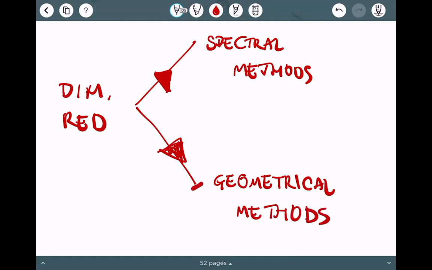I'd like to split the techniques that become useful to perform dimensionality reduction into two main families: spectral methods and geometrical methods. Spectral methods are all based on estimating eigenstates, left or right, typically left, of the Fokker-Planck operators. And they basically follow the idea that the relevant dynamics is the one next to the lowest ones.